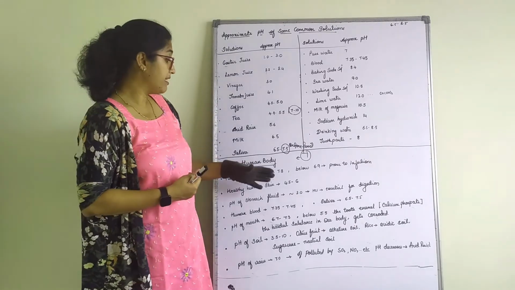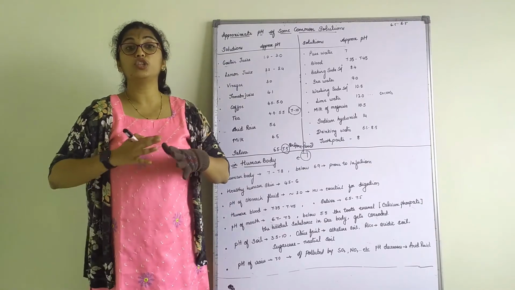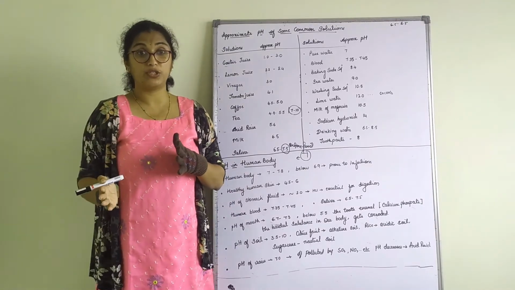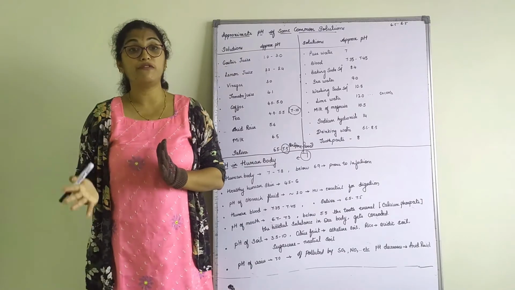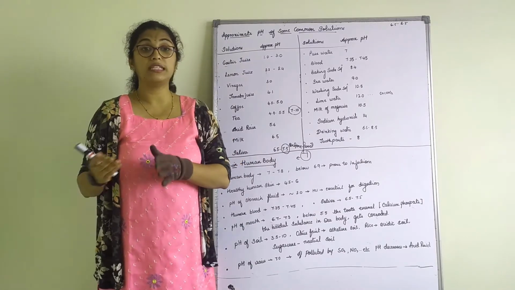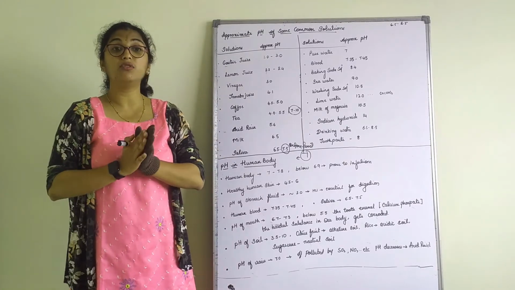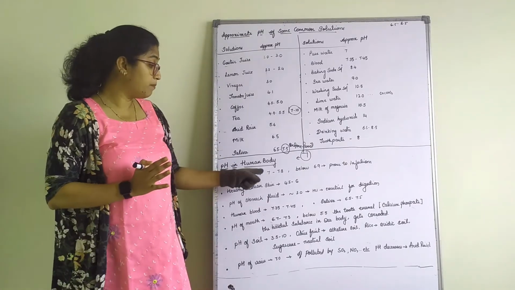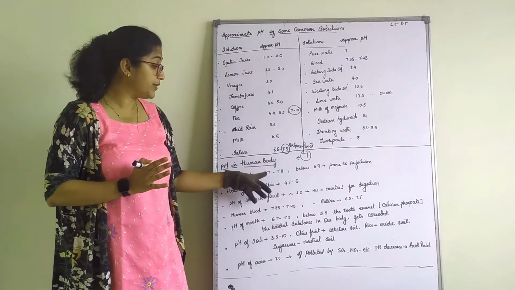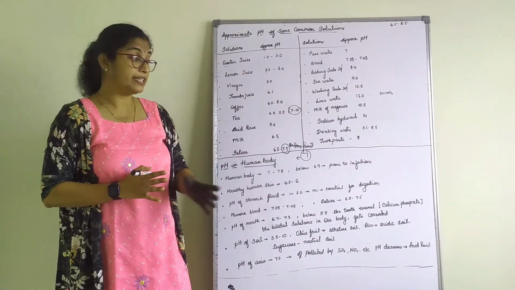Our body's pH should not fall below that range. How the body's pH falls is again a big concept, but just understand that we have to maintain a good immunity level so that our body pH stays between 7 to 7.8.